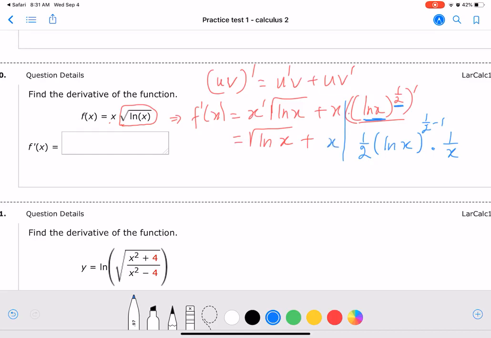Then we can simplify, for example, the x here with the x here. So x will be cancelled out. And here is power -1/2. With power -1/2, we flip it and get 1 over something, but I will leave that for you.